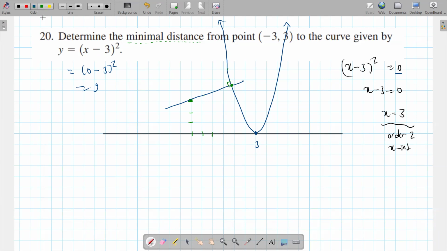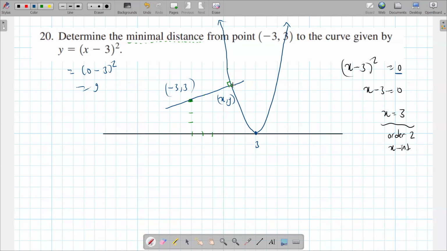Let's say this point is xy, okay? There's a name for this point where two things meet. What is that called? Point of intersection, yeah? POI, point of intersection. This point right now is negative 3, 3.